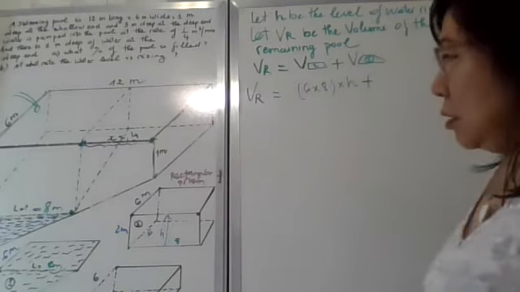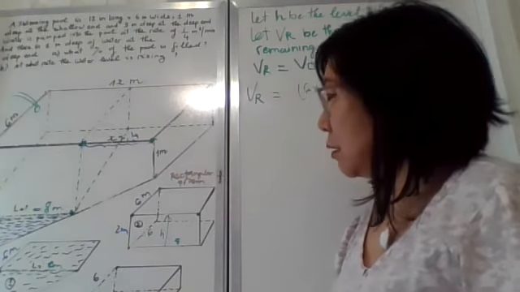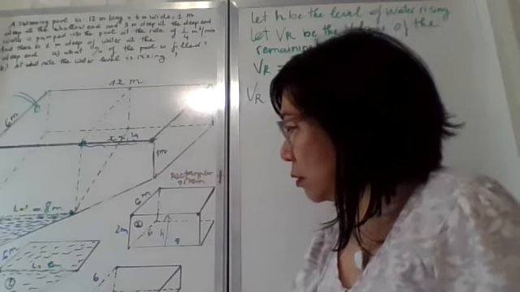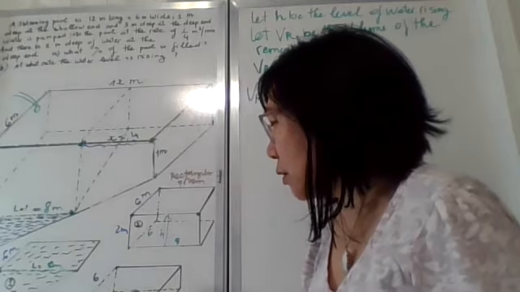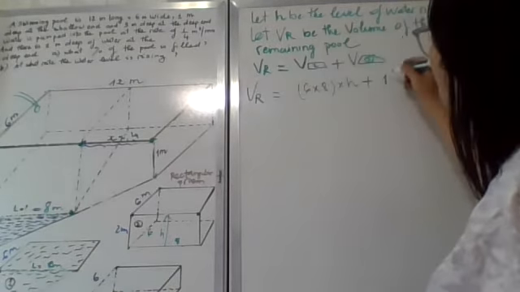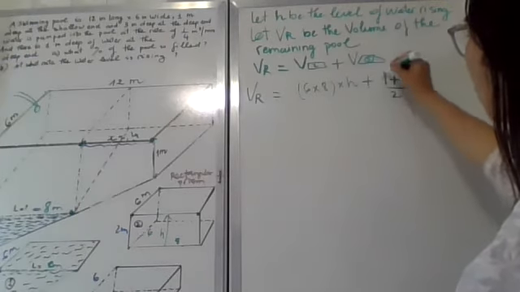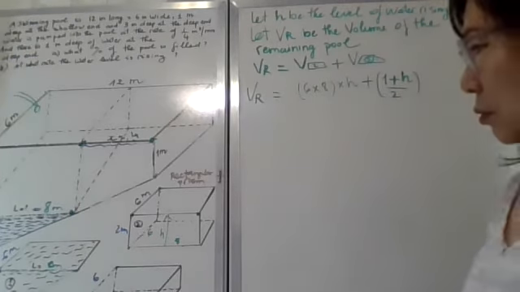Adding V3, the volume of figure 3, will be 1 plus H, the water level rising, which we don't know, divided by 2.